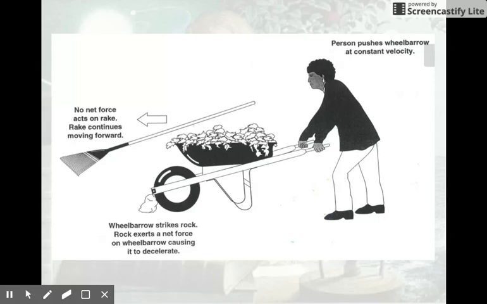So we can kind of see Newton's law here. If you have a wheelbarrow with some leaves in it and a rake sitting on top of it, and you're pushing that wheelbarrow and it strikes a rock, a net force is applied to the wheelbarrow, causing it to stop. But the rake on top has not had a net force applied to it, so the rake continues moving forward.